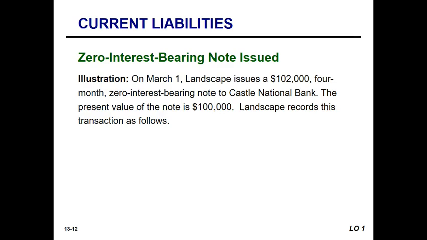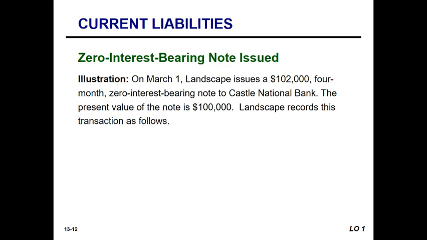At maturity, the borrower has to pay back an amount greater than the amount of cash that they received. So they say, I will pay you $102,000 in 4 months if you give me $100,000 today. So, in other words, they receive in cash the present value. Think back to the time value of money and how we do that discounting back.